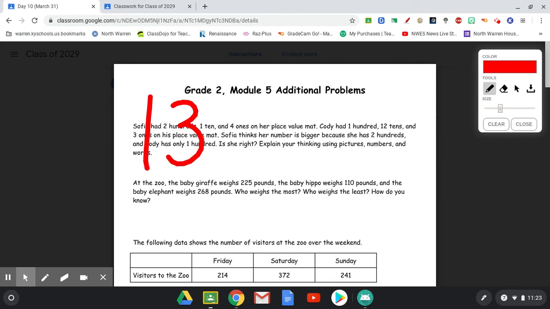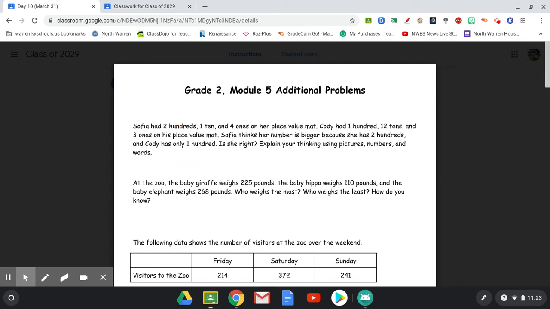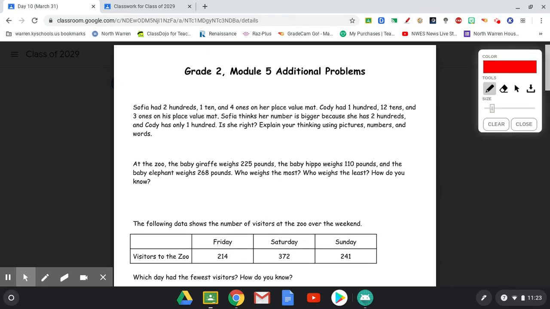Or you might have something like this, 132 is equal to 132. Okay, so that's just some vocabulary that we might need to use as we are working on comparing.